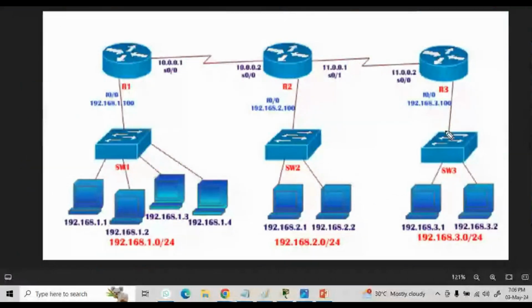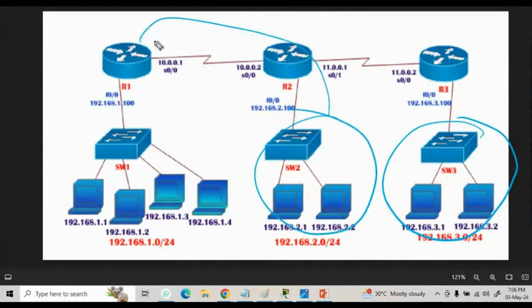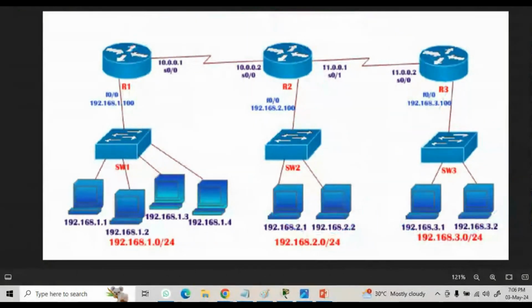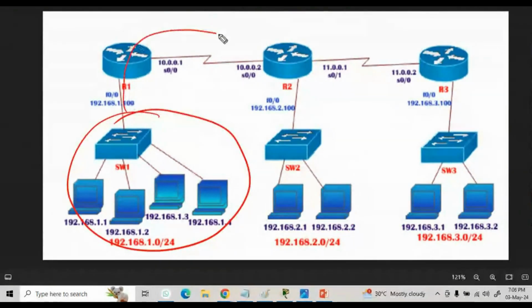here we have two things. In standard ACL, we implement it closest to the destination. Let me take an example. Let's say this is my nearest network, and this guy wants to access or deny this network.